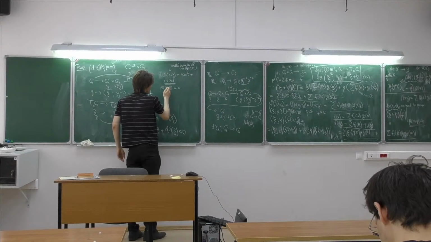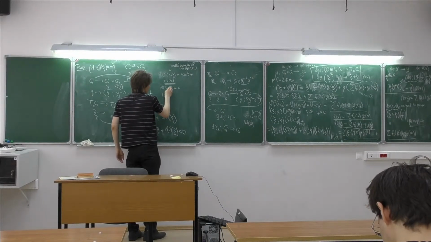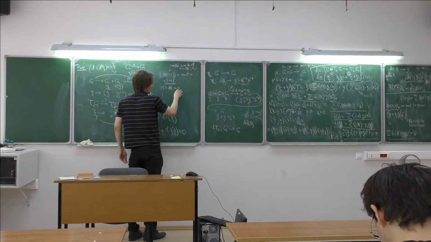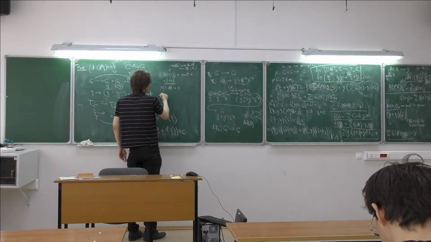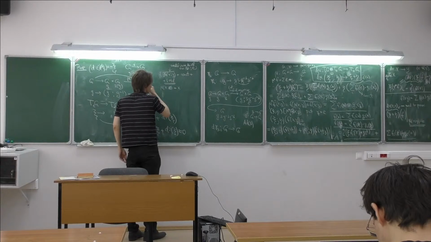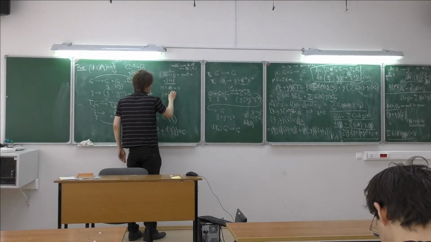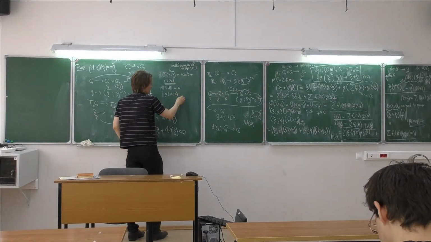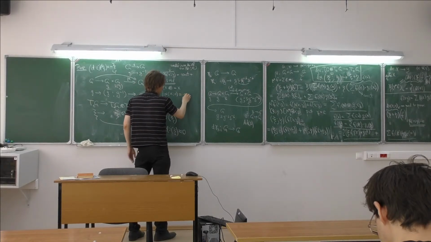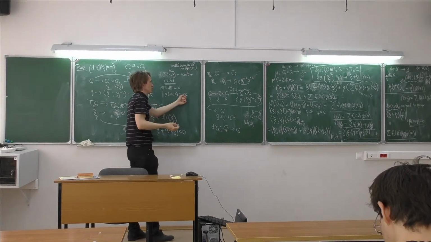So you have the product μ of x, e, which is equal to x. If you substitute in this Taylor expansion μ of x, 0, then you get x identically, the corresponding coordinate.